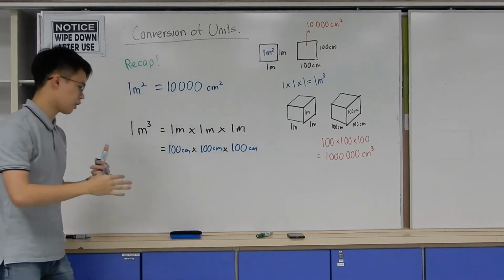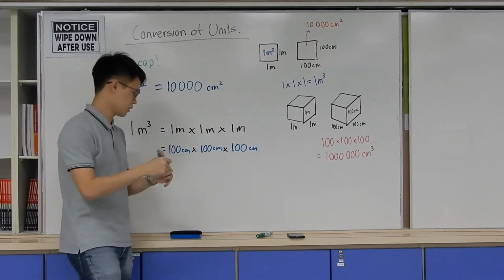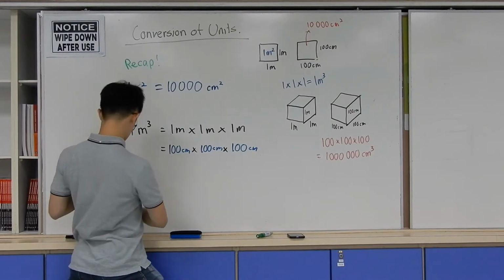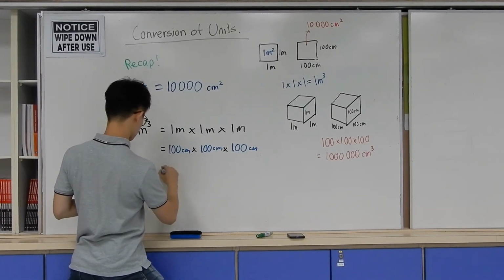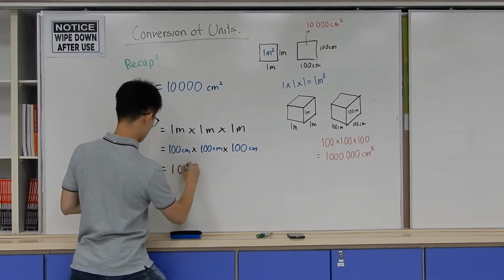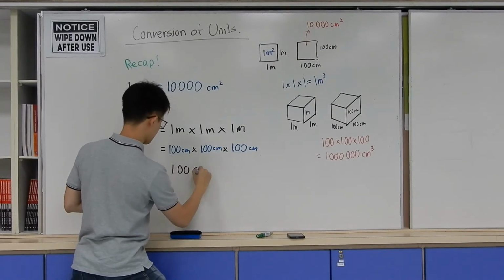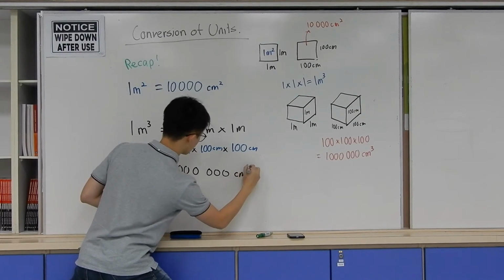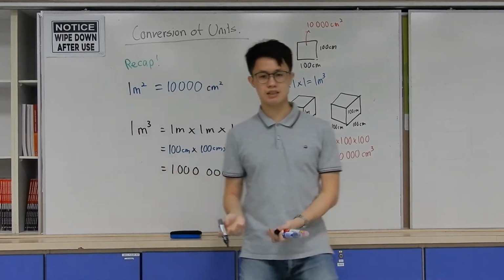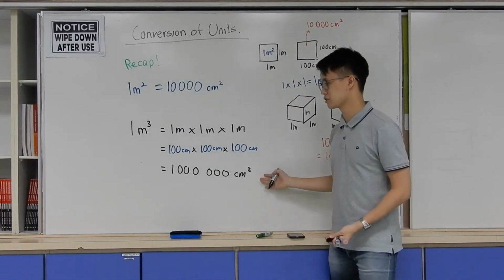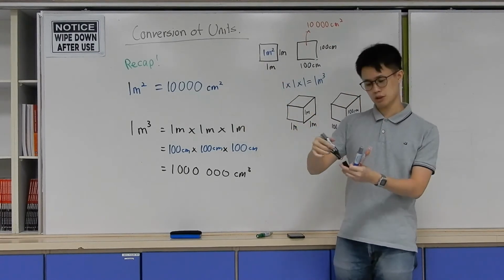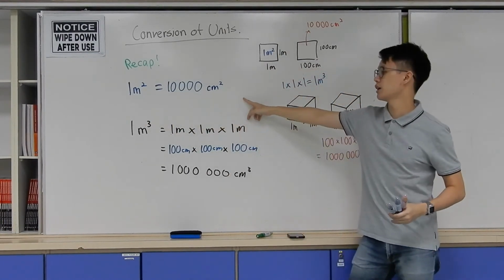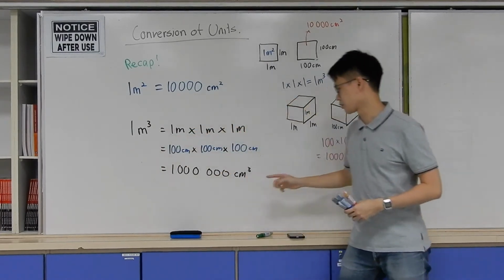When I multiply all the 100 cm's together, I just multiply all the hundreds, so it's 1 followed by six zeros. So it's 1 million cm cube. So simply, this is just converting the units, and we now have two sets of conversion: one is from meter squared to cm squared, and the other is meter cube to cm cube.